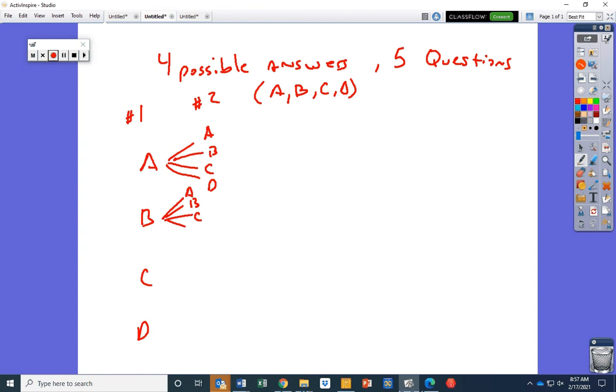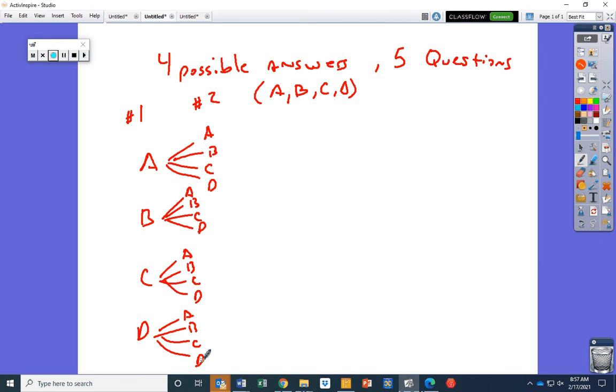I'm only on question 2. So it'd be 4 times 4 times 4 times 4 times 4. So think about this. How many different combinations of answers could I have?